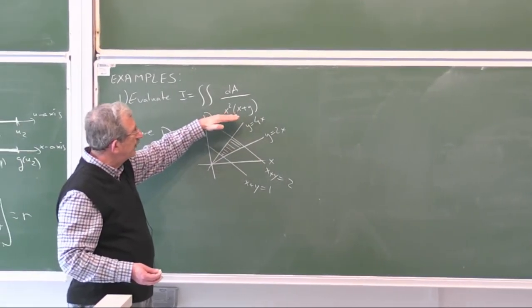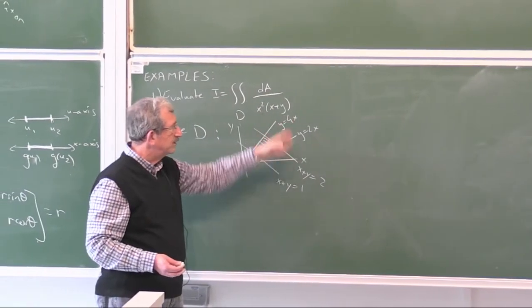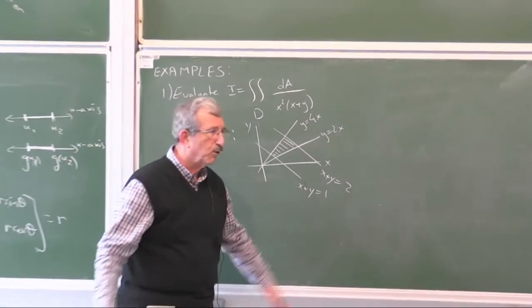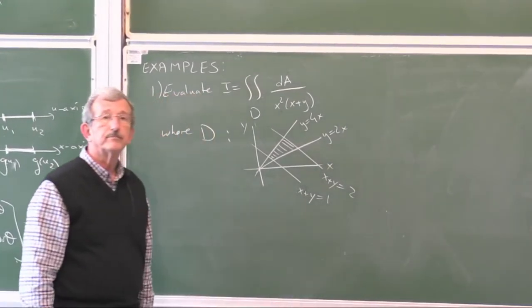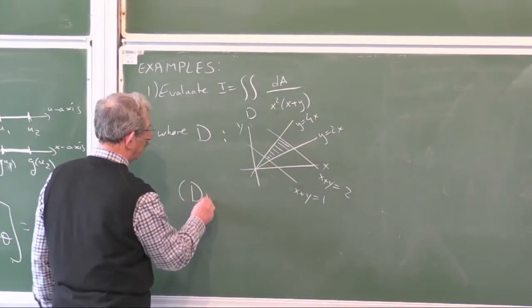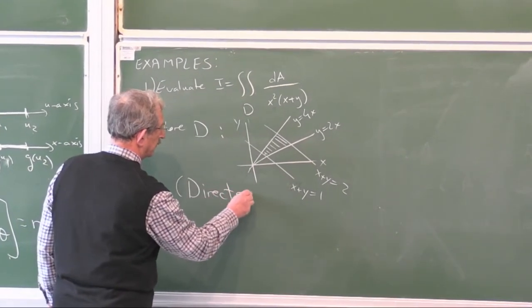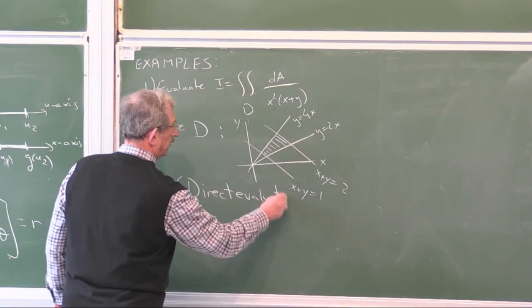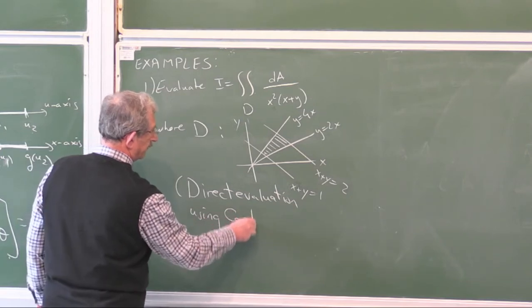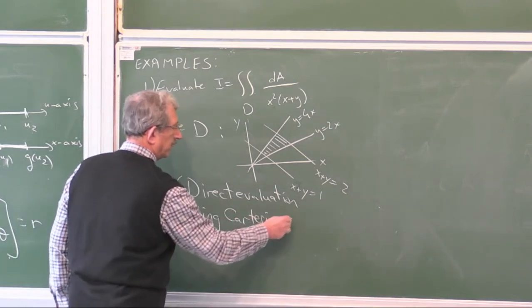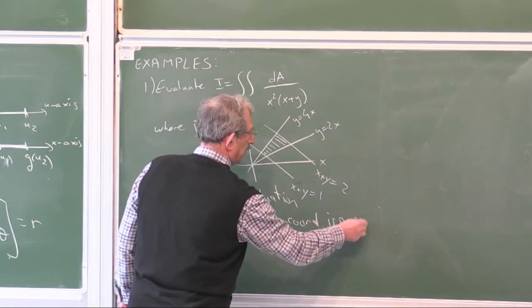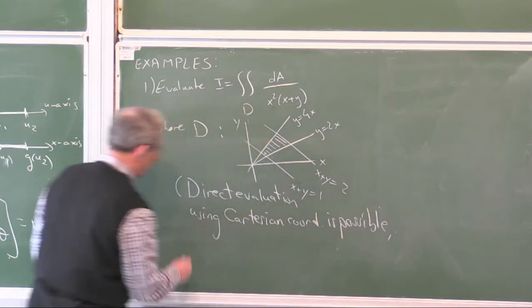And evaluating this 3 times over such strange calculations would take you a whole page of calculation. But it's possible, of course. So direct evaluation is possible, but not very wise. Using Cartesian coordinates is possible, but not practical.